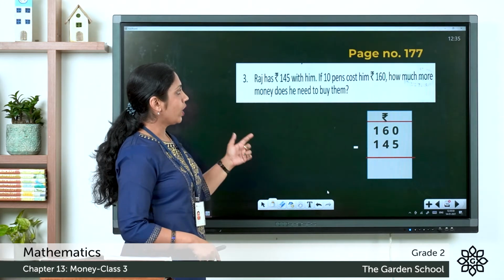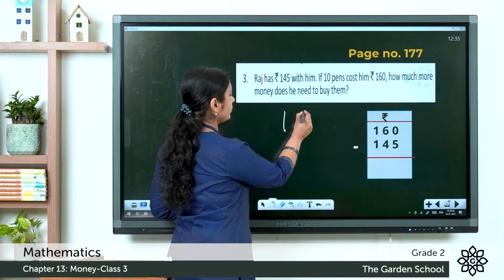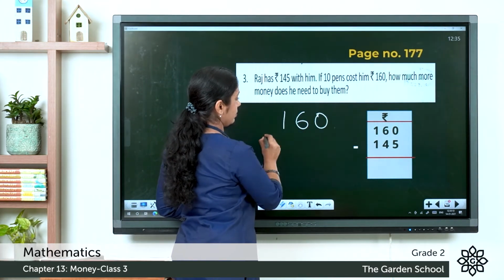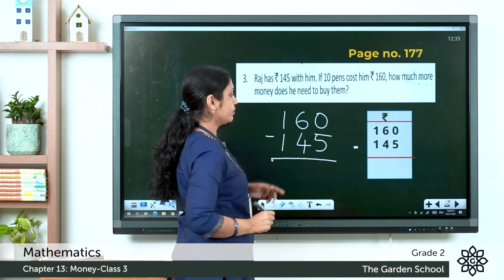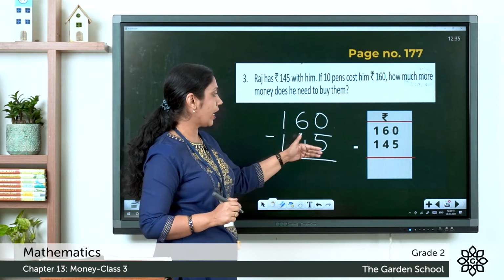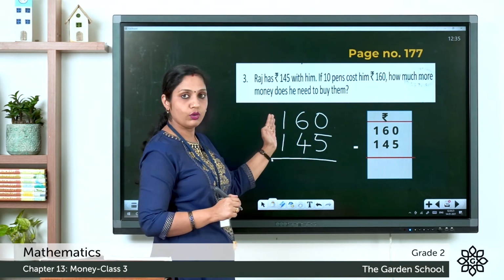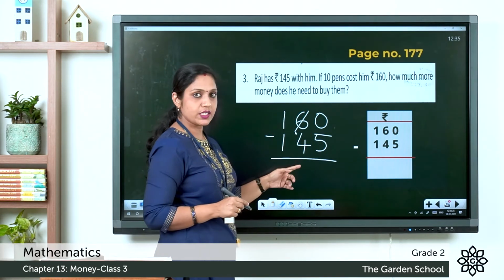So let's subtract 160 minus 145. So here we have in the ones place 0 minus 5. So can we subtract 5 from 0? No. So we have to go for borrowing from the tens place. So here in the tens place we have 6.